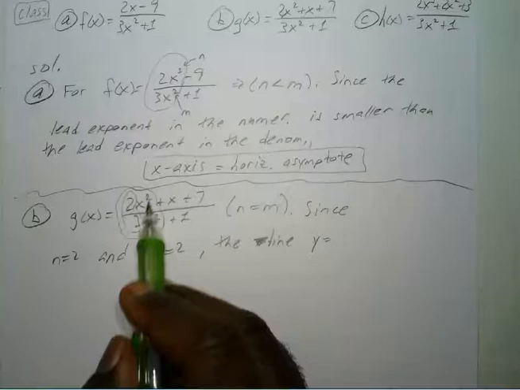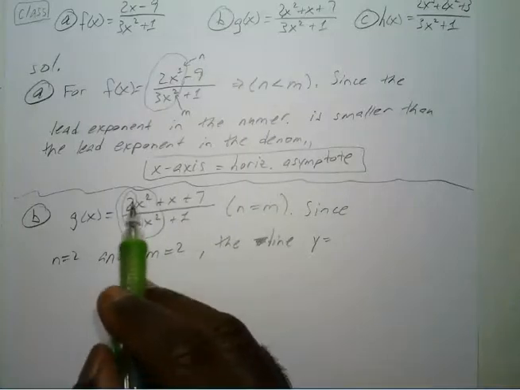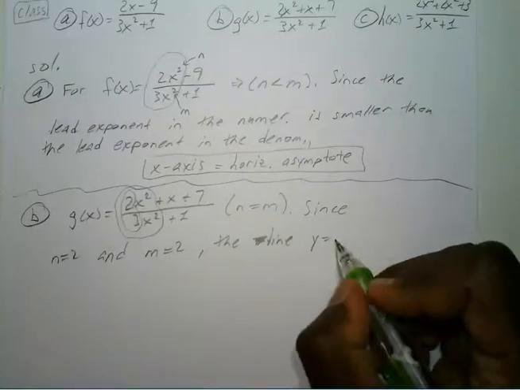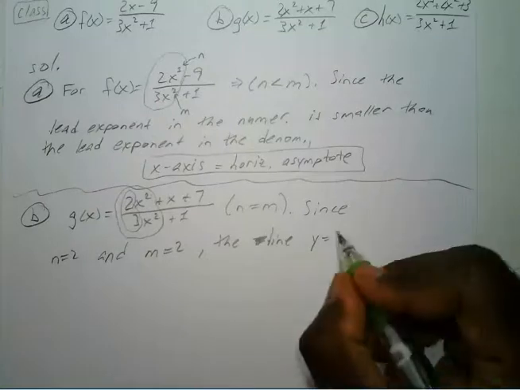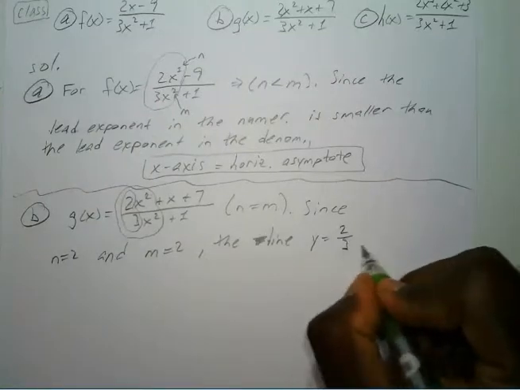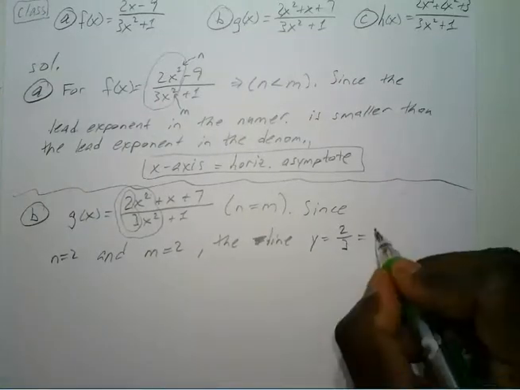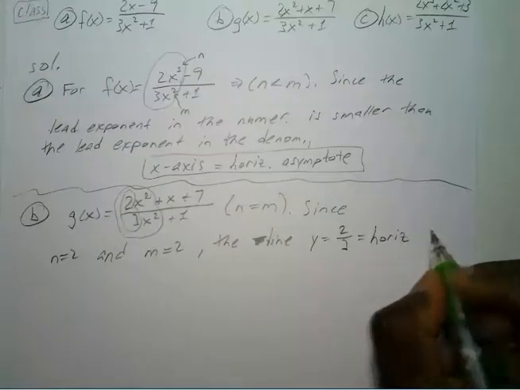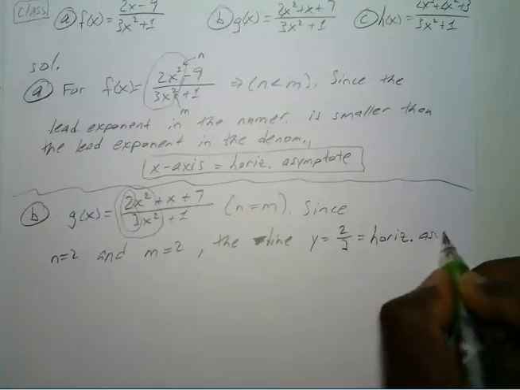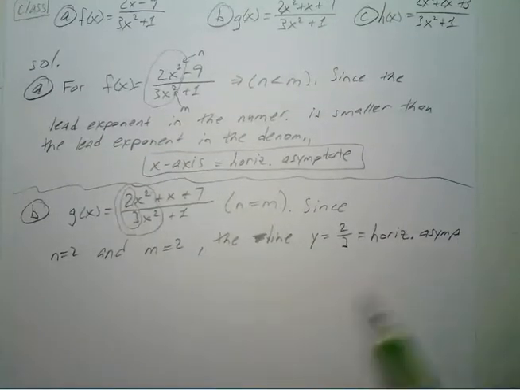Whenever those two are equal, the lead coefficients would be your horizontal asymptote. 2/3 equals your horizontal asymptote.